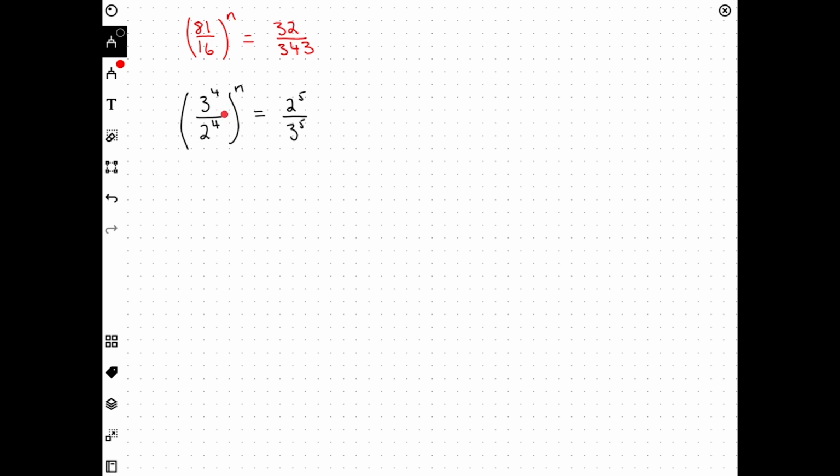We need to look at what's the same, what's different about the left-hand side and the right-hand side, and we can see there's a lot of similarities here, but there are also some differences. If I could get the left-hand side to equal the right-hand side, or look more similar to the right-hand side, then we would probably be able to solve this equation.